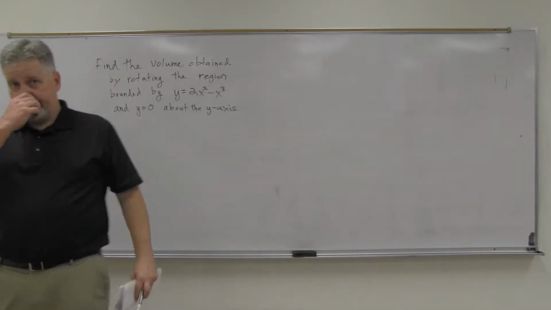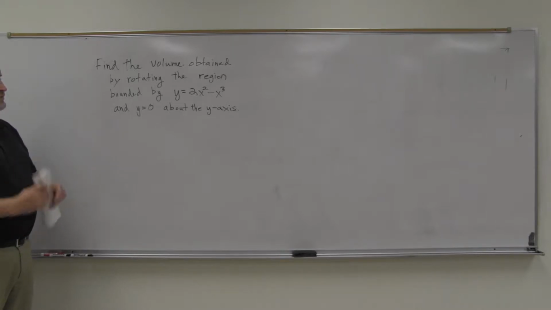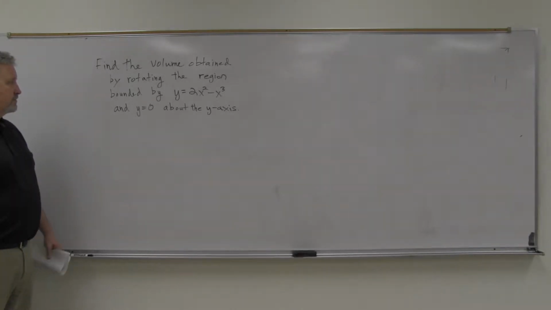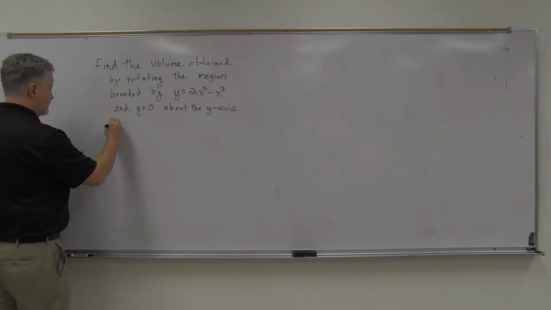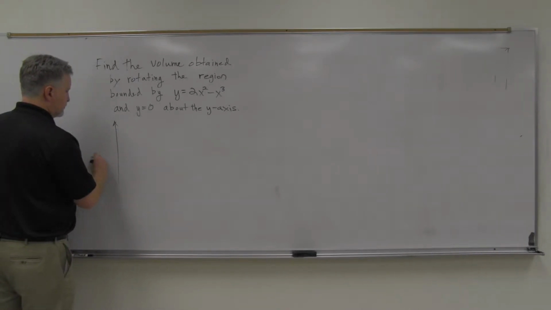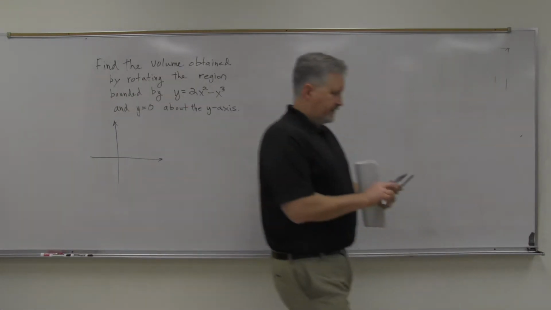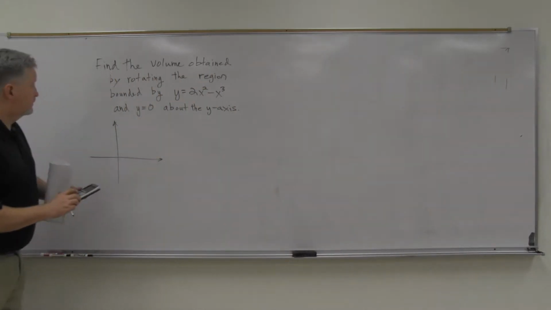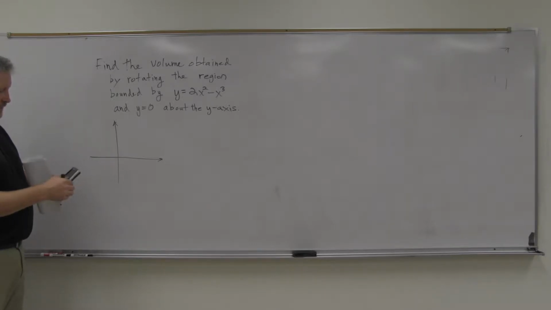Okay, so to find the volume obtained by rotating the region bounded by y equals 2x squared minus x cubed and y equals 0 about the y-axis. Let's draw the graph here. Y equals 2x squared minus x cubed.